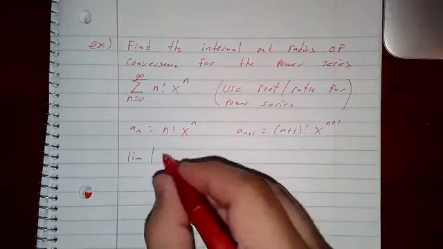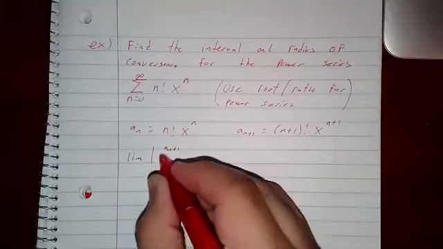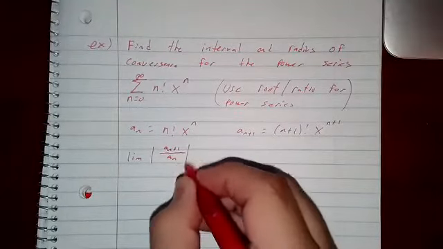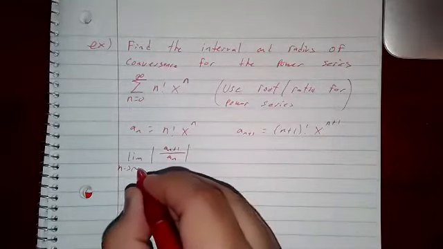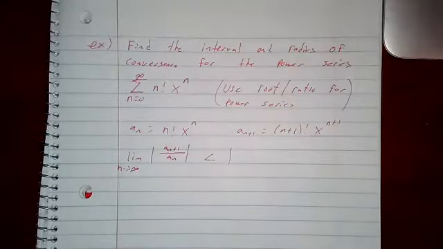So the limit of a sub n plus 1 over a sub n as n approaches infinity must be less than 1. Let me double check though. Pretty sure that's right. Ratio, yeah, less than 1 for it to converge absolutely. All right, I'm going to check my theorem real quick.